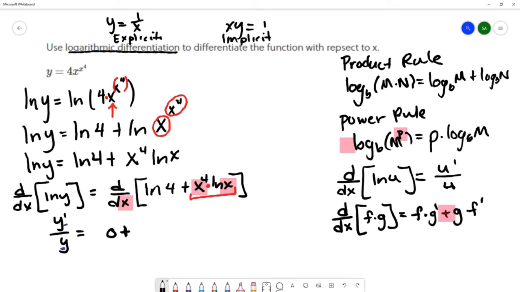So for us, we have x to the 4th as the first factor times the derivative of natural log x plus natural log x times the derivative of x to the 4th.